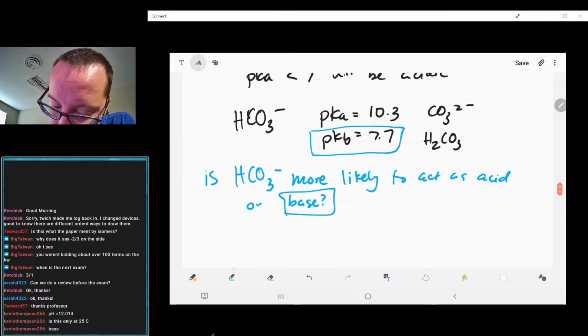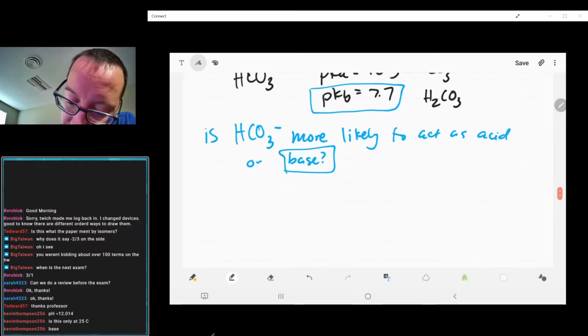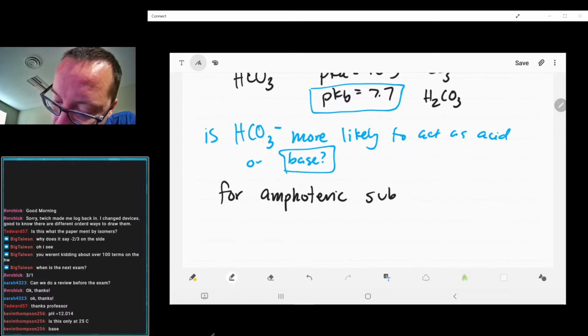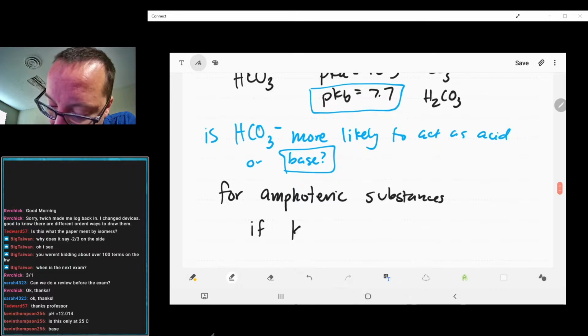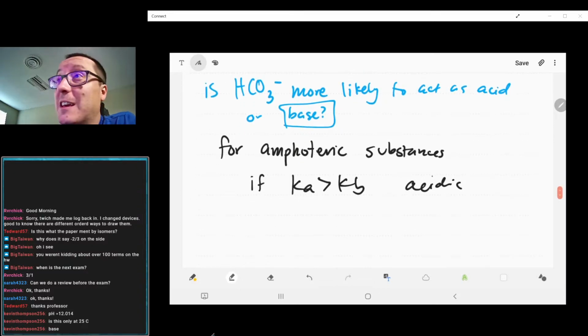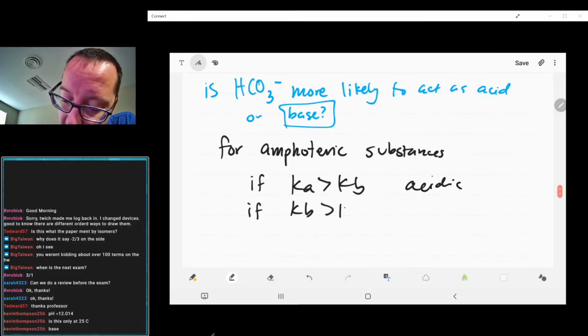So for something that's amphoteric, if Ka is greater than Kb, it's going to be acidic, or more likely to be an acid. If Kb is greater than Ka, it's going to be basic.